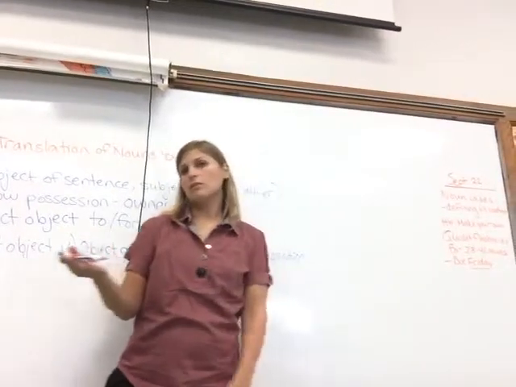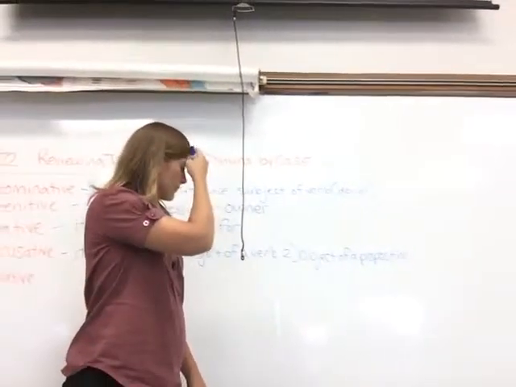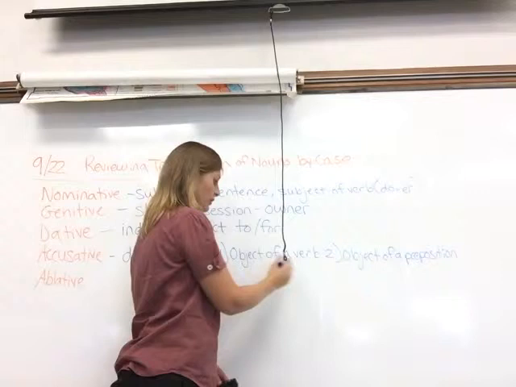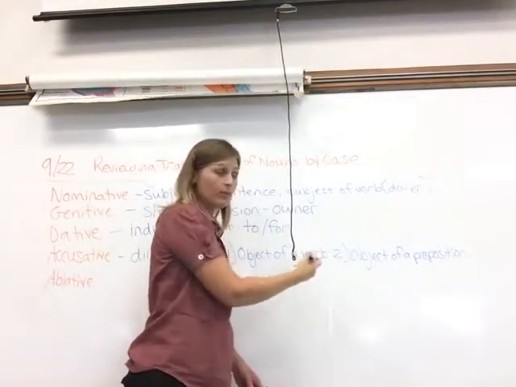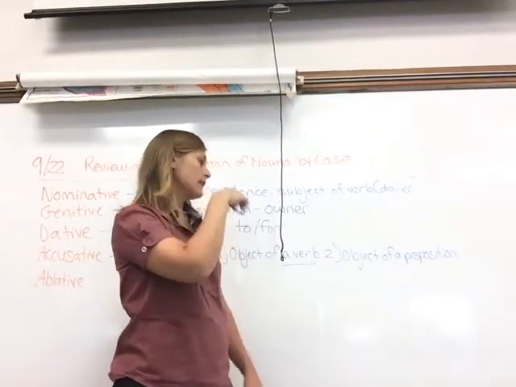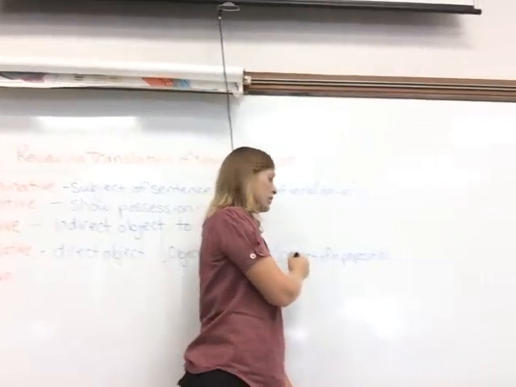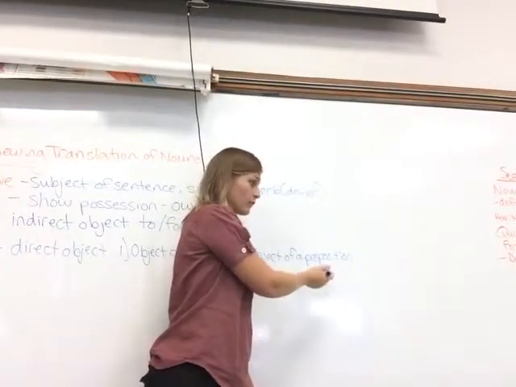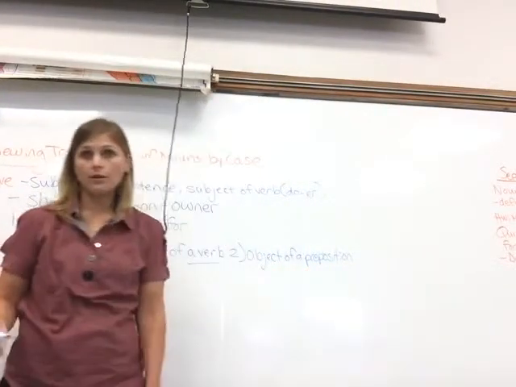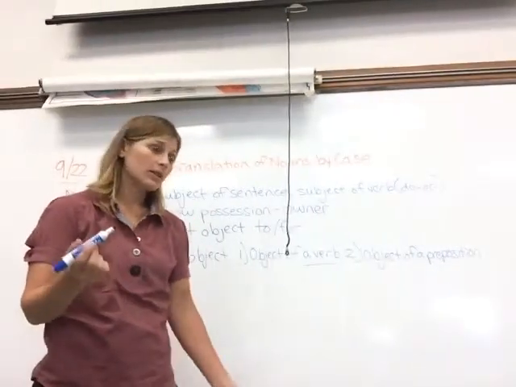Either way, it's the object of something, right? Cornelius led the children, he led them into the city, or he led the children near the fountain, right? So the fountain would be the object of the preposition, near. Either way, it's an object.